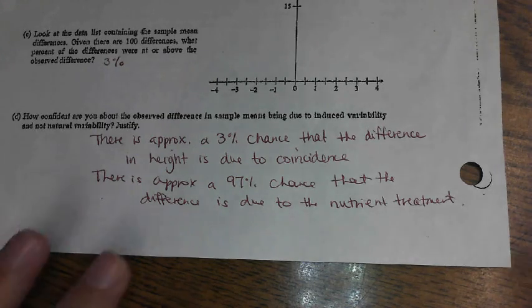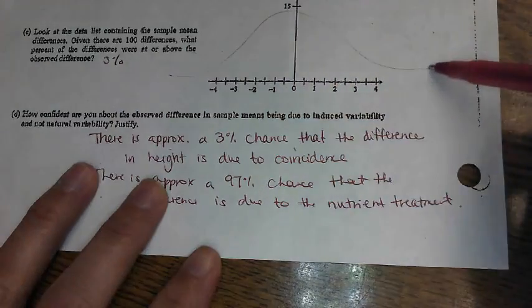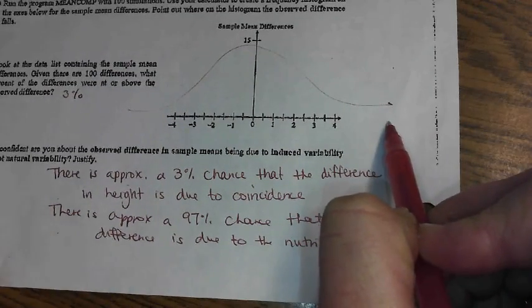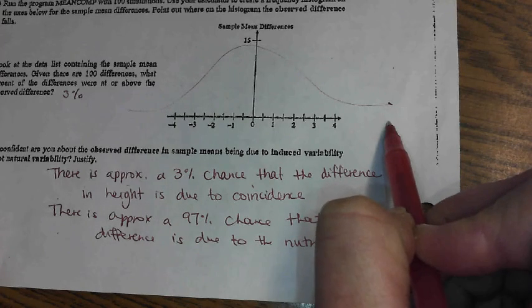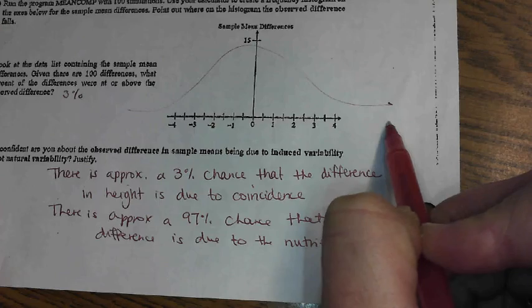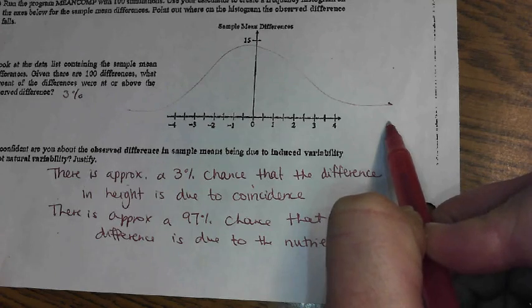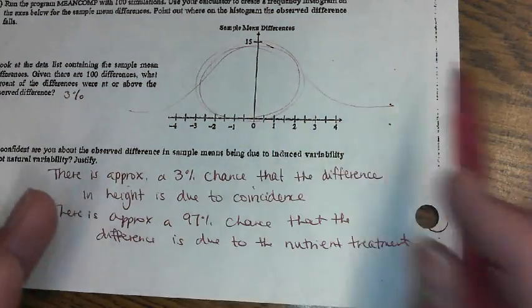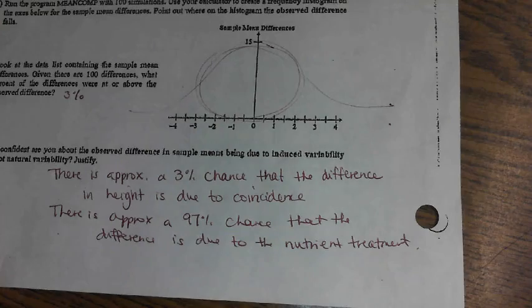Right. And you're seeing that over and over again with your histograms. The further out it is, the more likely that there's a reason behind it, and it was not due to sheer coincidence. Things that happen in here are pretty likely to just happen naturally, by the group that you happen to get thrown into.